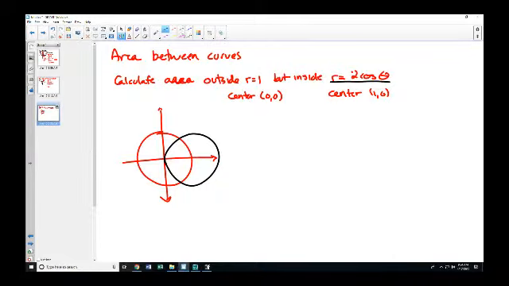So we are looking at the area outside r equals 1, inside 2 cosine theta. Right? So then it would be outside minus inside? Yeah, so same deal, it's the same thinking.